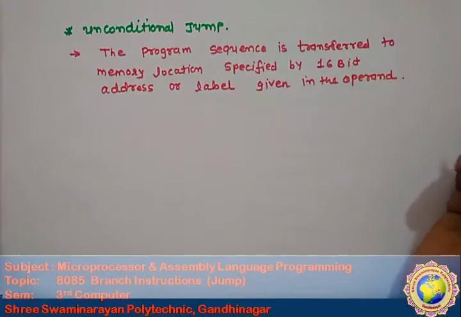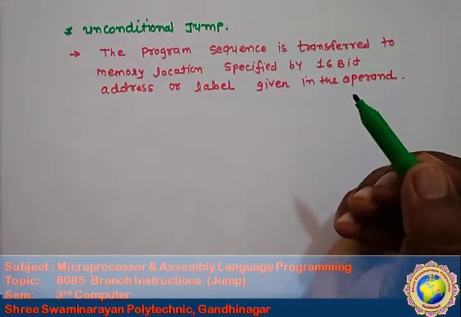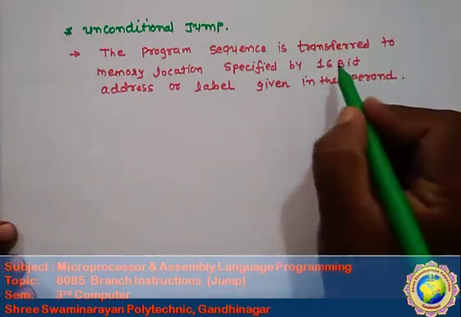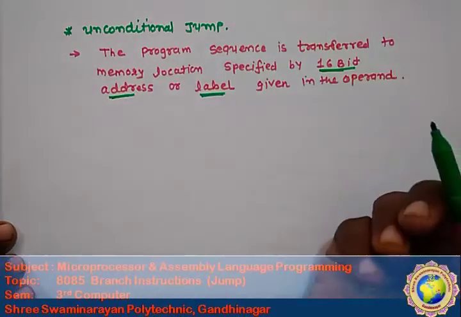What is the unconditional jump? In an unconditional jump, the program sequence is transferred to the memory location specified by a 16-bit address or label.